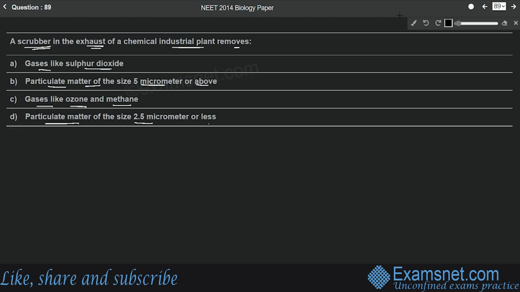Okay, so we know that a scrubber can remove gases like sulfur dioxide, in which the exhaust is passed through a spray of water or lime. So option A will be the correct answer.